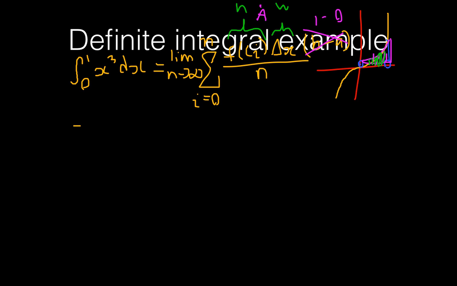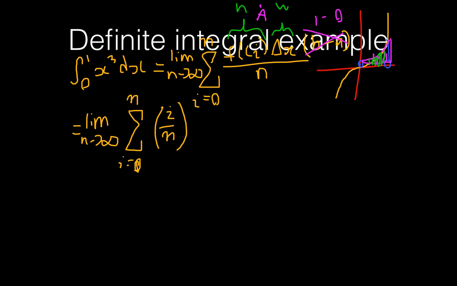So we can rewrite this as the limit as n approaches infinity of the sum, where i starts at 0 and goes to n. And we can write this as i over n, so i is basically the height of the function over n, the number of subintervals.